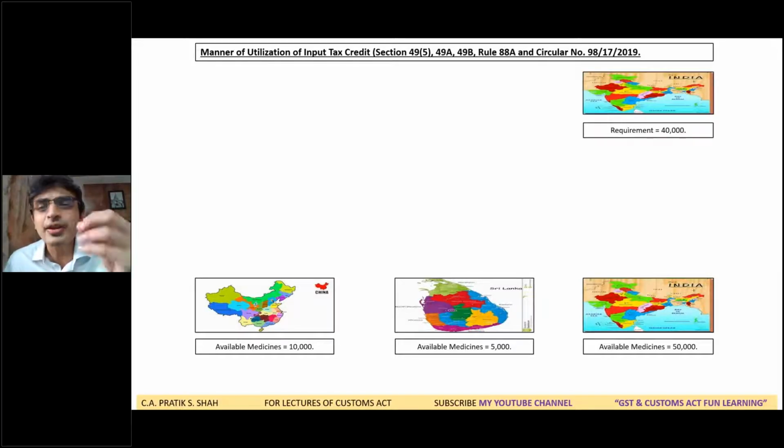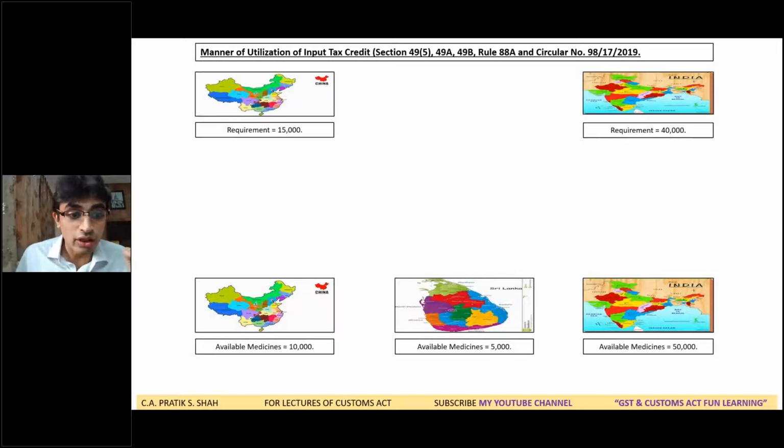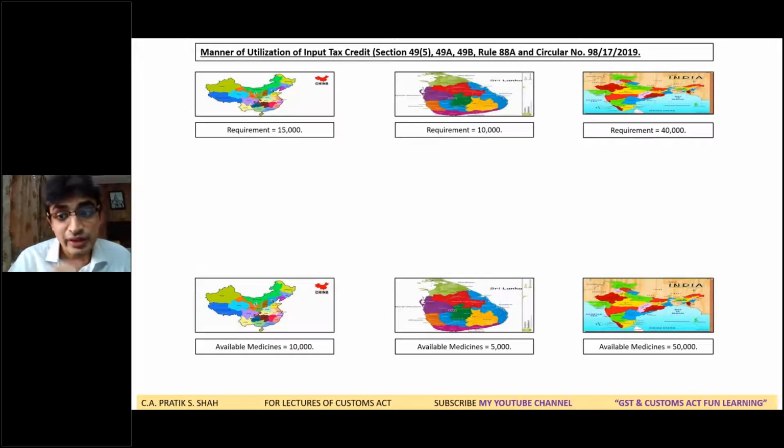But in India, suppose the requirement is only 40,000. Available 50, requirement 40. In China, available 10, requirement is 15. And in Sri Lanka, available is 5, requirement is 10. So India has surplus. Now you all are Indians, so first you think about India only. I repeat, this story is very important. You will first think of India.